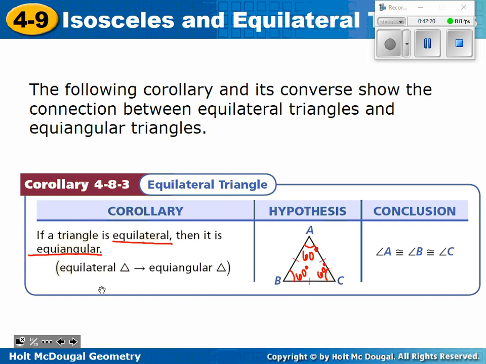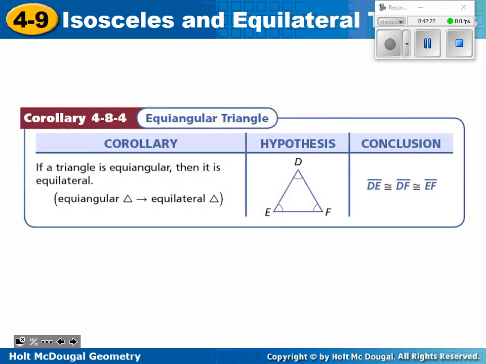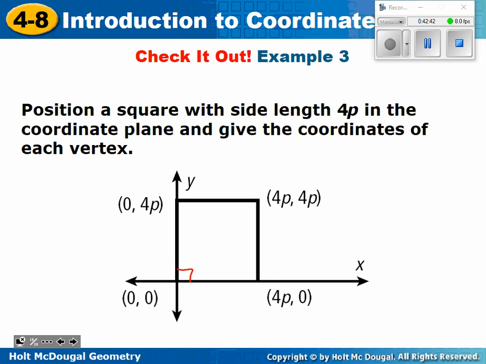The next one is just going to be basically the converse of that, but they don't call it the converse. They call it the equiangular triangle theorem. So whichever the name is what they're giving you in the picture. If it's equilateral, they're telling you all three sides are equal, and you're concluding that all the angles are equal.